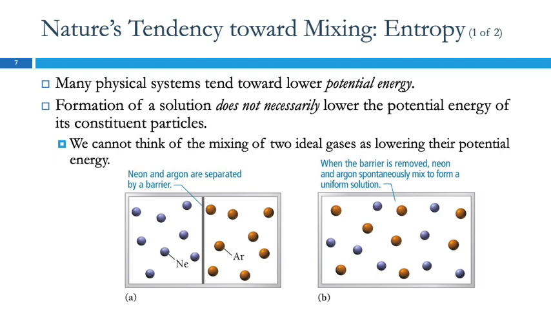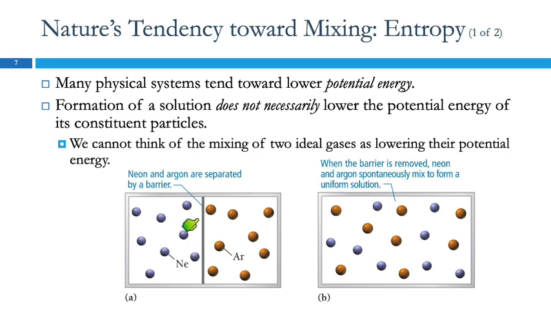So physical systems tend towards lower potential energy. What's interesting here is that the formation of a solution doesn't necessarily lower the potential energy of the particles, and yet it still happens. So here, instead of liquids, we're looking at two gases inside of a container.